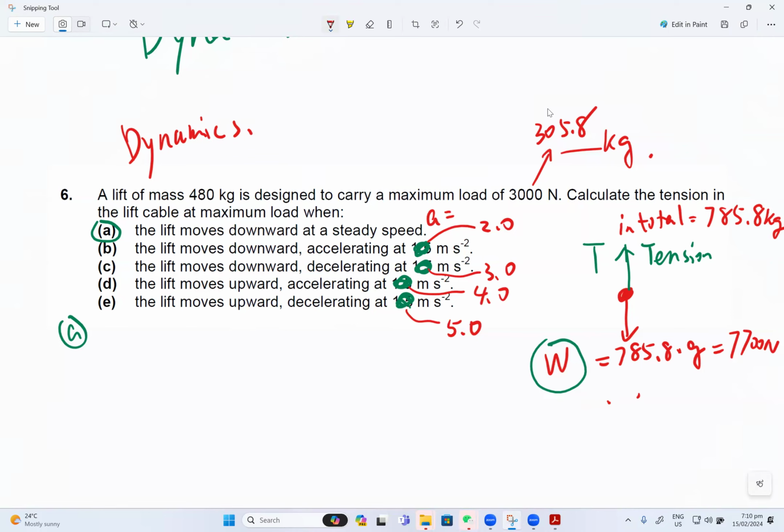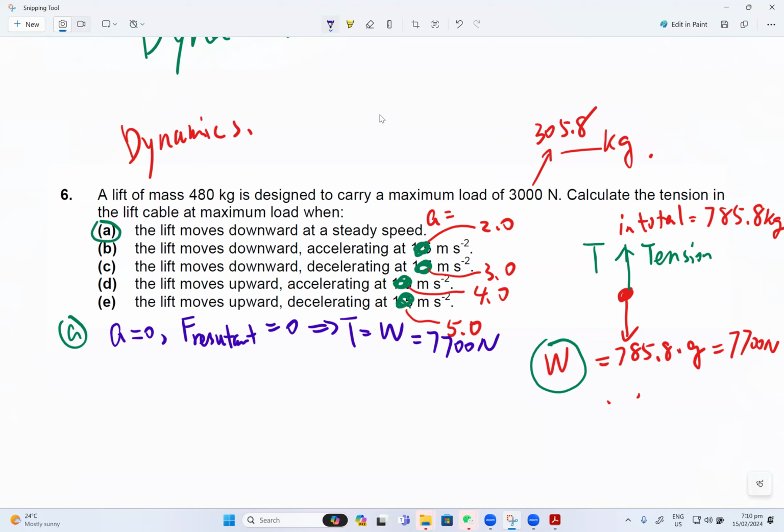What's acceleration? Acceleration 0. So the resultant force 0. Resultant force 0 means T equals W, which means 7700 Newton. We try to make it shorter.